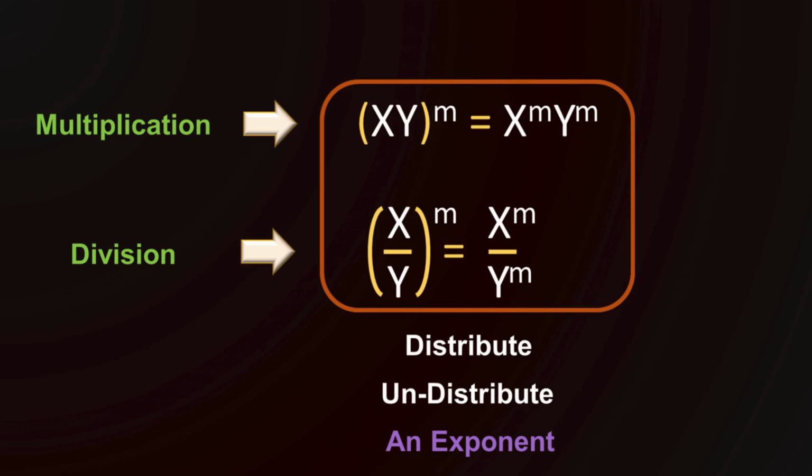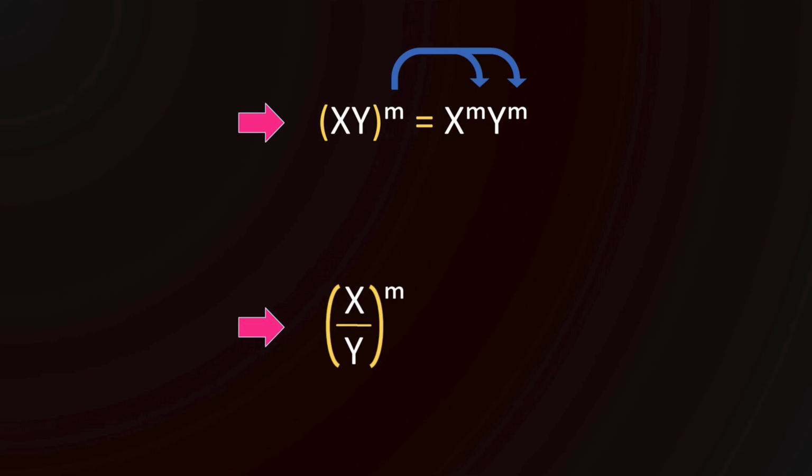The first law shows this group, x times y, that's being raised to the power of m. And it says that you can rewrite it as x to the power m times y to the power m. In other words, you can distribute the exponent to each factor in the group. And the second law shows the group x divided by y that's being raised to the power of n.